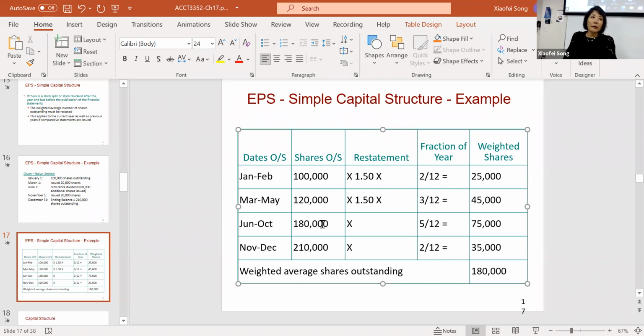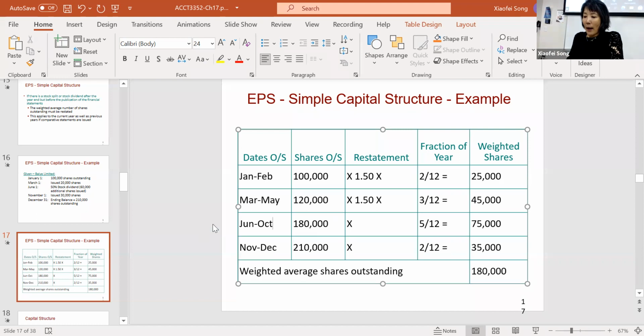Now, stock split and large stock dividend change the nature of the shares, right? Say you have a stock split, now almost like you have smaller new shares. 2 new shares are equivalent to 1 old share, right?